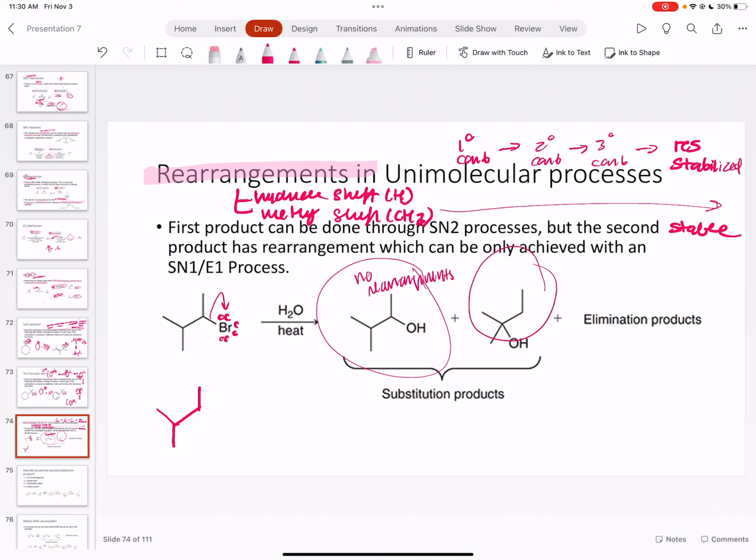I'm sorry guys. So then we're gonna get started, and then we're just gonna remove that highlight from there. And then we have a bromine negative.